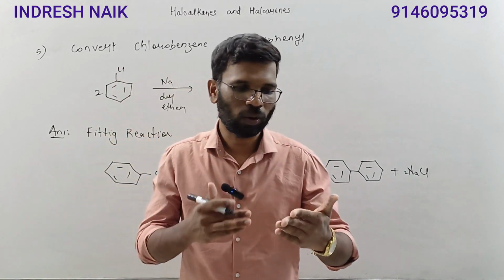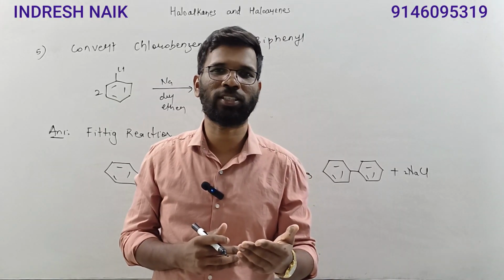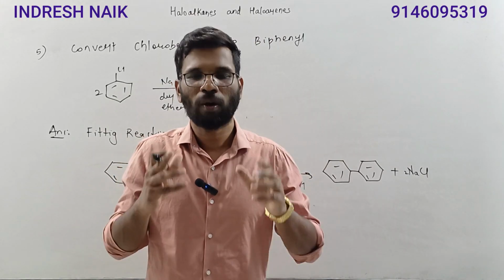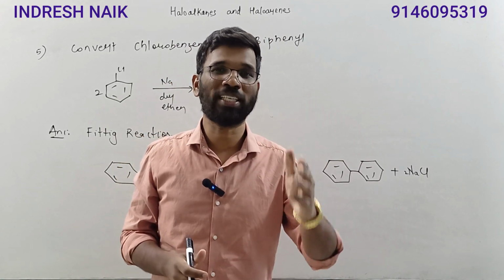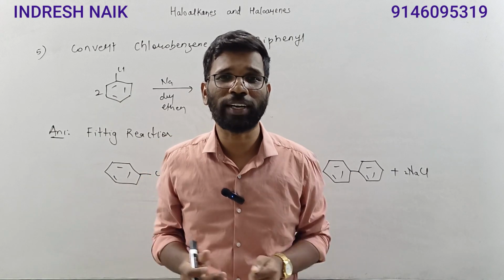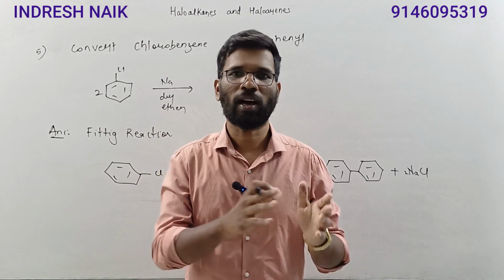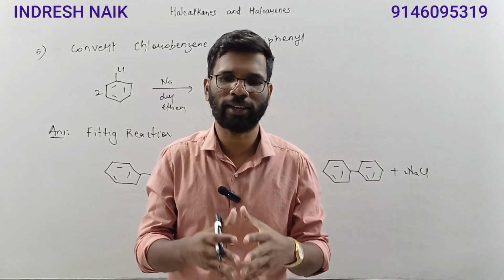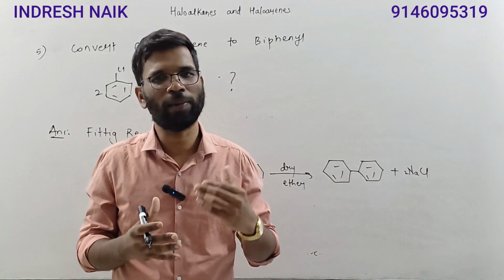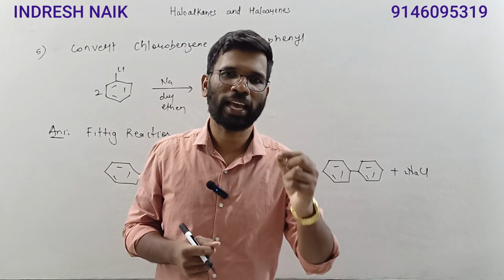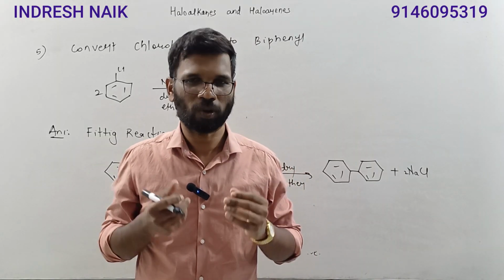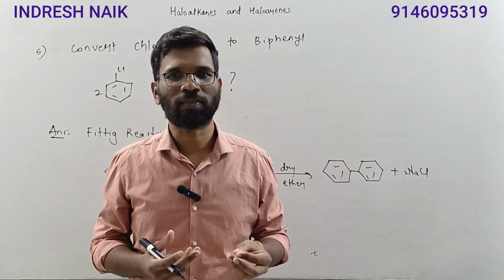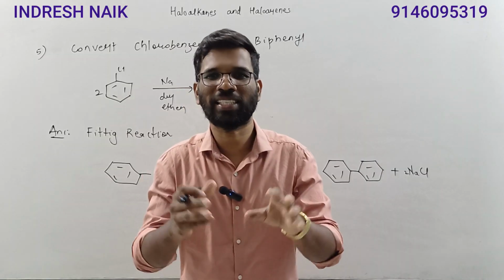You cannot be like, okay, I have memorized this general reaction, I have written this 10 times, I know what is the Wurtz reaction or the Fittig reaction or the Wurtz-Fittig reaction. I know R and R getting connected or phenyl and phenyl getting connected. This is not going to help you a lot. Just make sure you have solved enough examples on the particular reaction, because one reaction could be asked in a different manner.